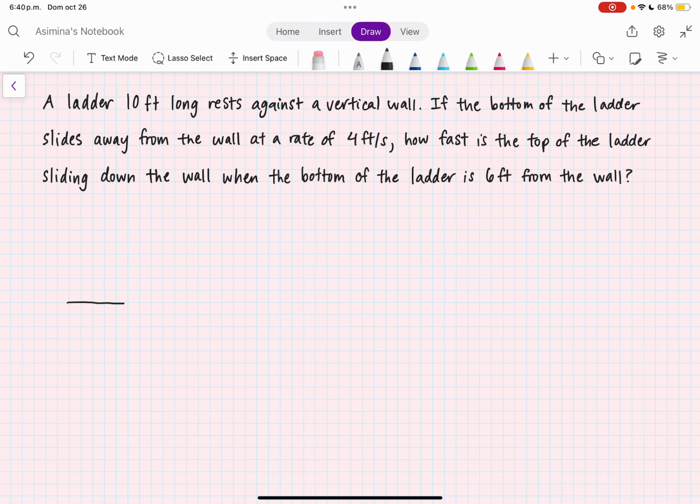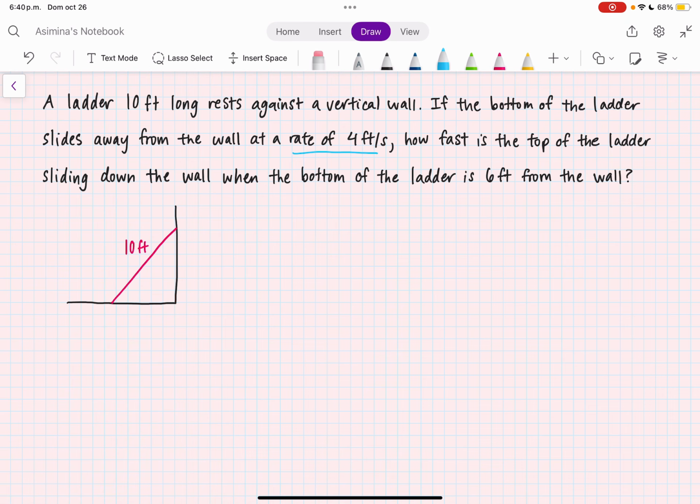So first I'm going to draw the ground, and now here I'll draw the wall. And so I'm given that a ladder is resting against the wall, and the ladder is 10 feet long. So this length in red, the ladder, is 10 feet. Now, I'm given that the bottom of the ladder slides away from the wall at a rate of 4 feet per second.